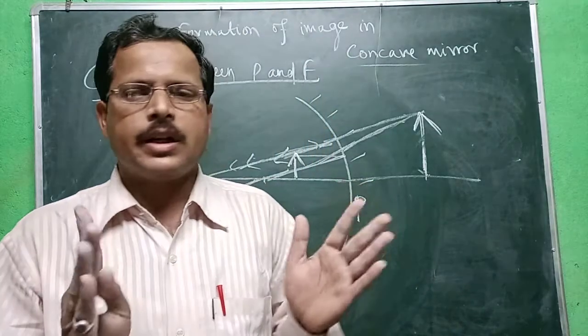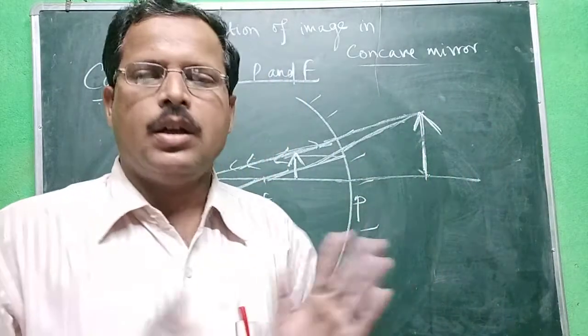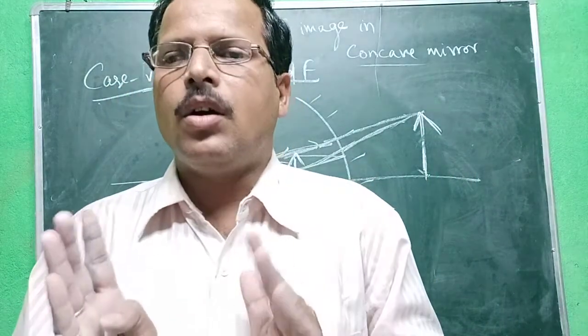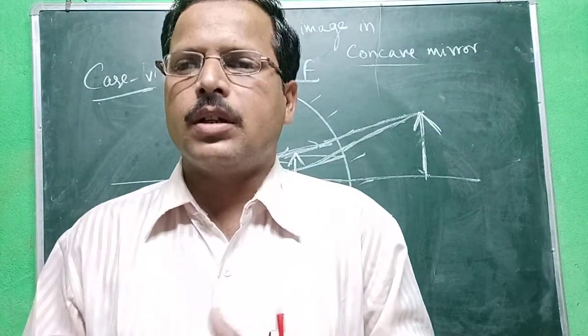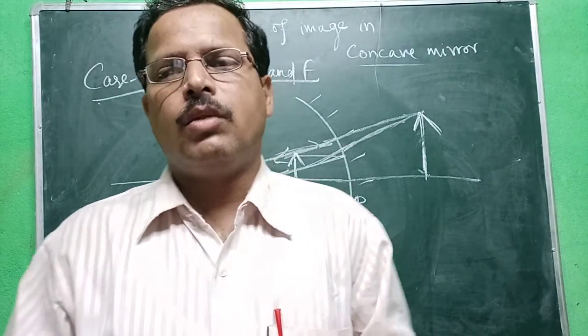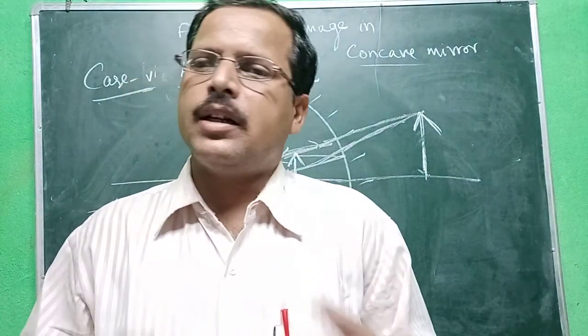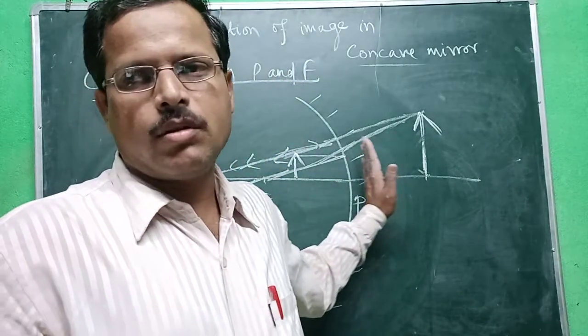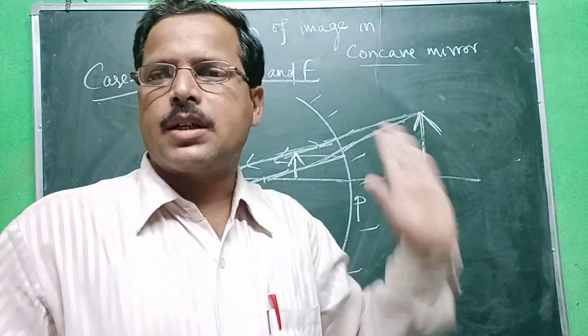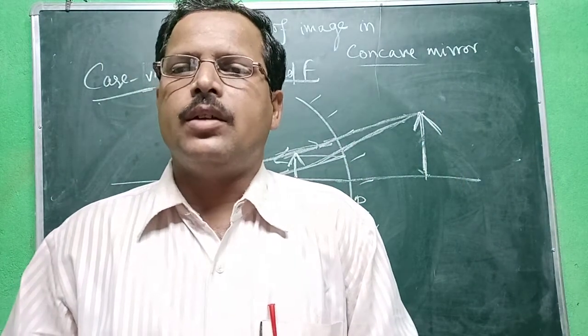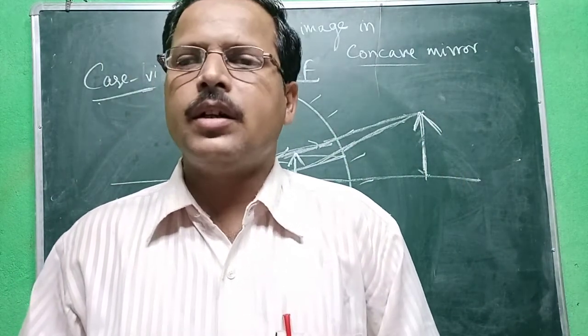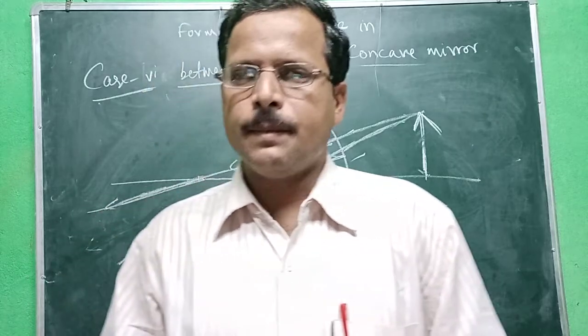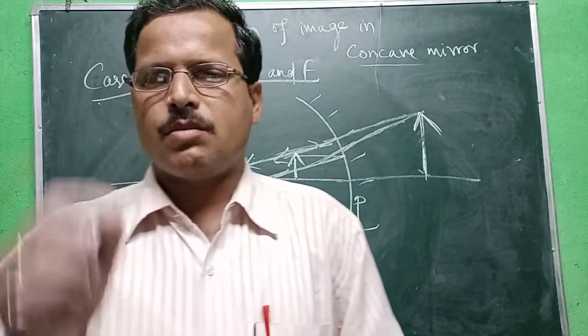In all cases of concave mirror except this one case, all images are produced in front of the concave mirror, and are real and inverted. And in case of convex mirror, all the images are produced at the back side of the convex mirror, and those are virtual and erect, and diminished, very small.